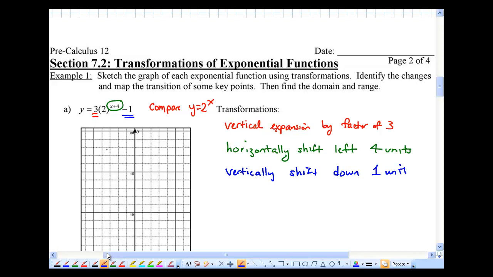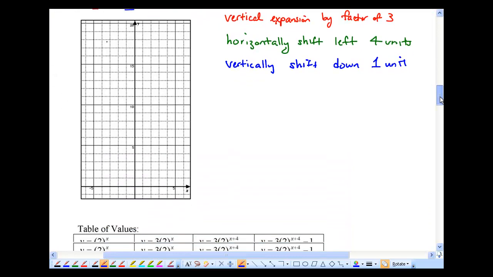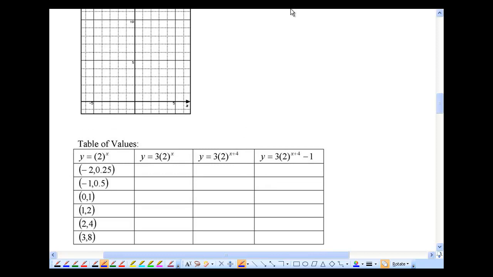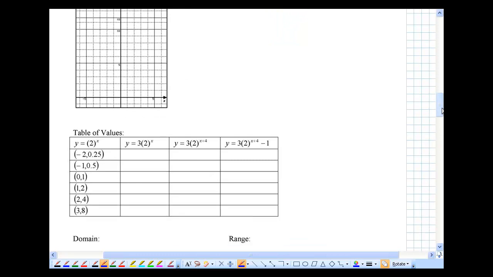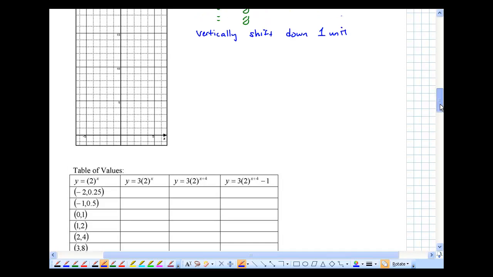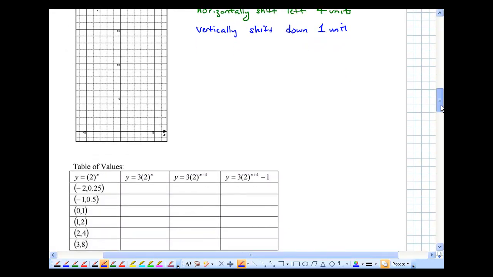I'm going to ask you to quickly graph y equals 2 to the power x first. I've given you a nice table of values down here to help us out. Let me change my window here, making it a little smaller so you can see both pieces. We started off with the original graph of just y equals 2 to the power x.